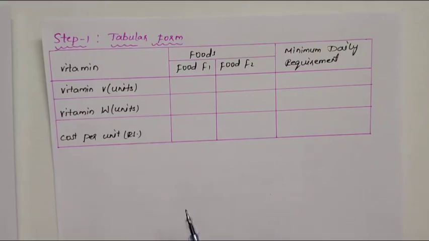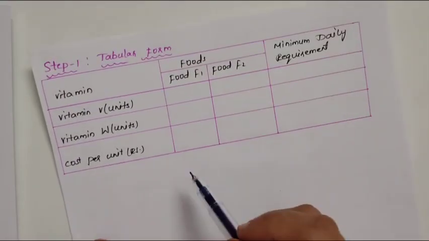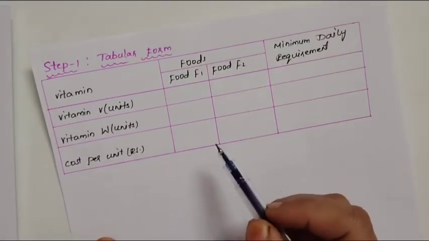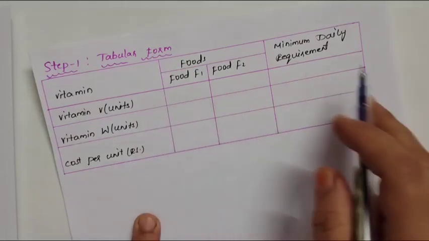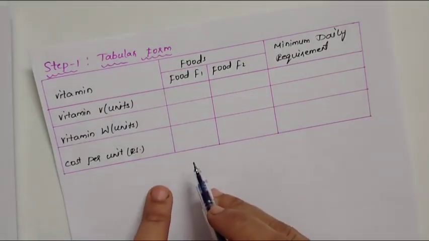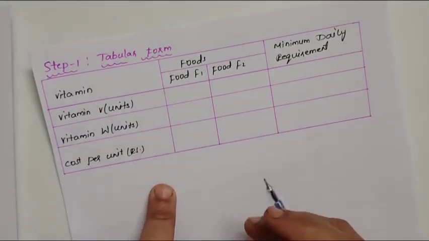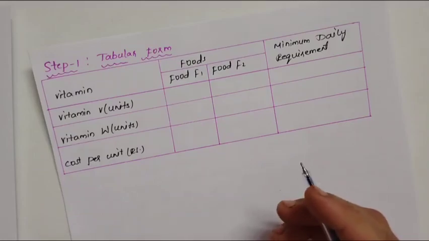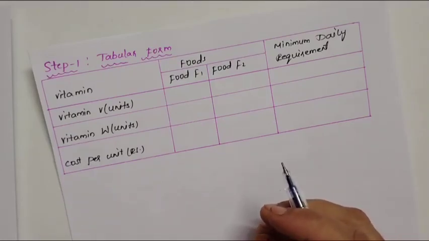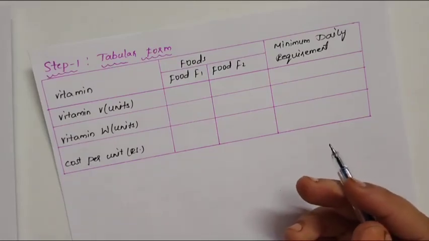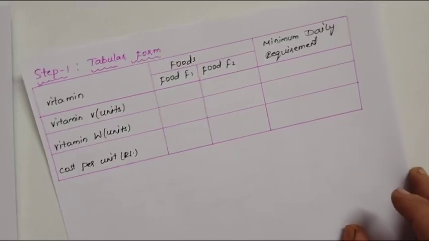So firstly, before moving to the next step, we will fill this table so that it will be easy to go for the decision variables, then the objective function and formulating the final LPP.